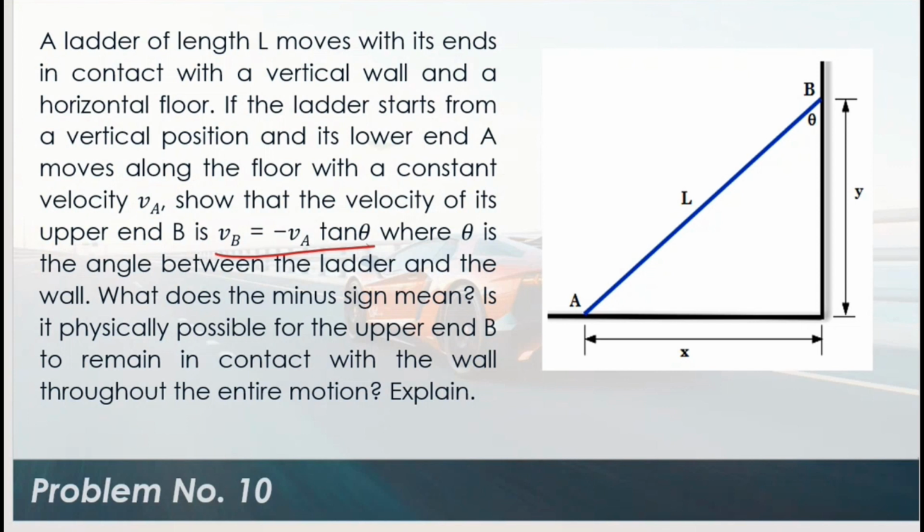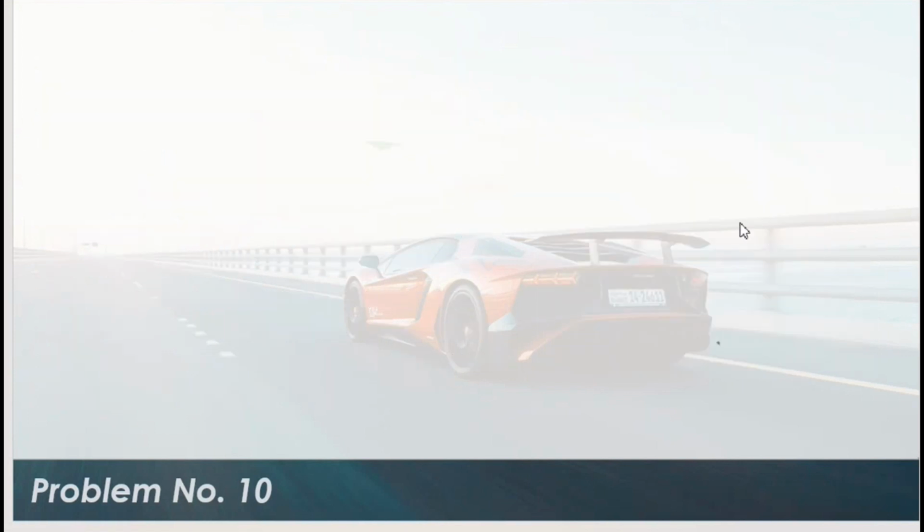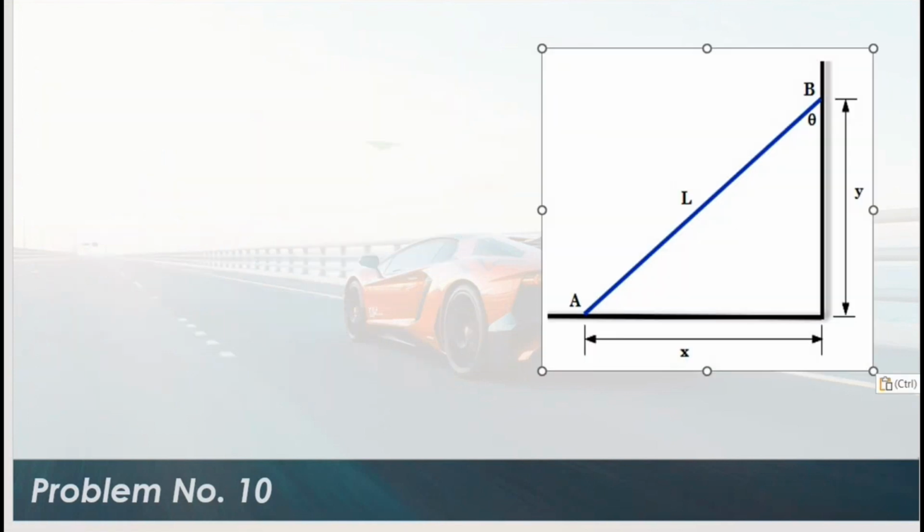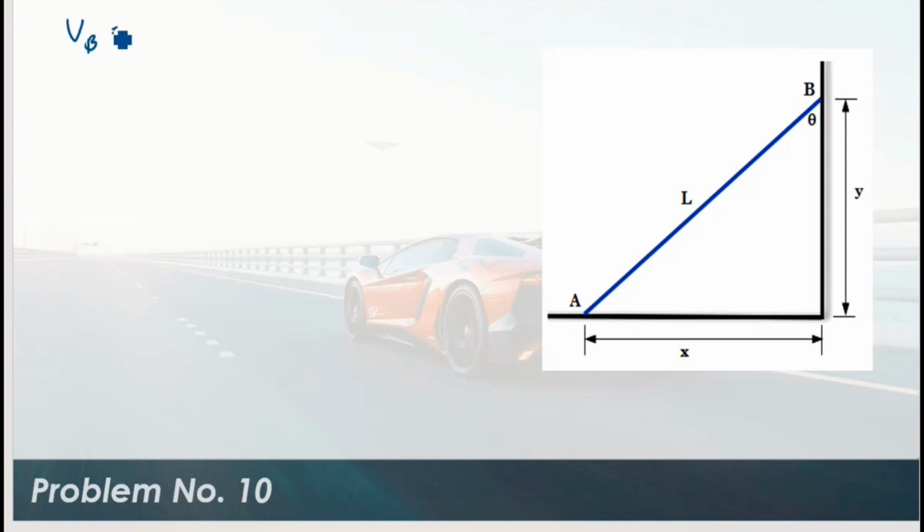Okay, so let's have this illustration. We are asked in the problem to prove that the velocity of point B is negative V sub A tangent theta.